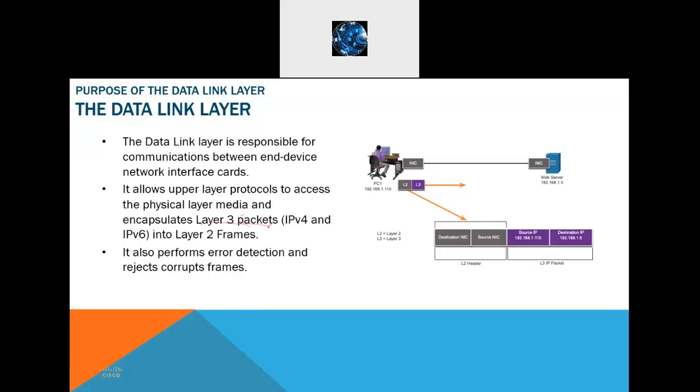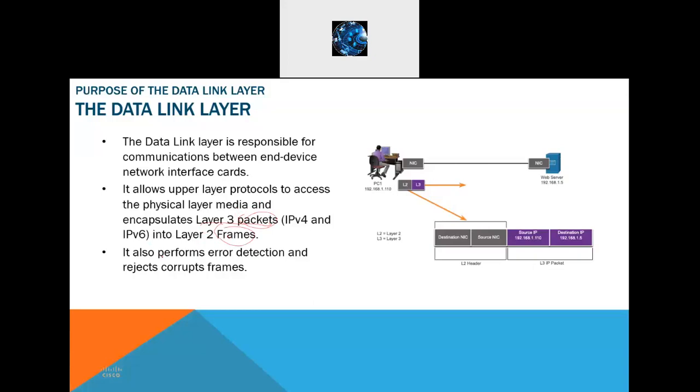Remember I said the data becomes a packet at layer 3. So the data link layer encapsulates the layer 3 packet into a layer 2 frame.